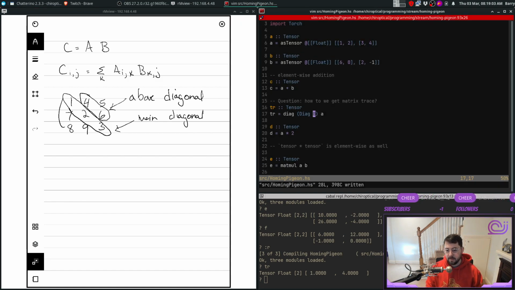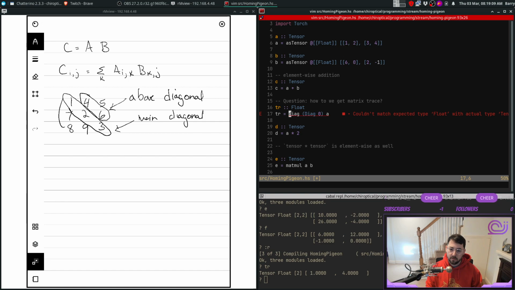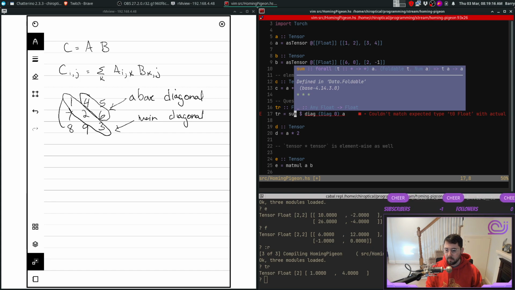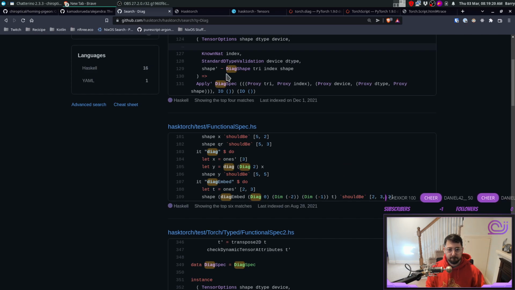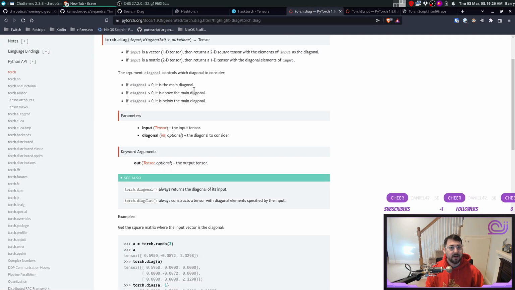And then in front of this, we could also just write probably sum. But this is the wrong sum. So we need to figure out what that's called in here.